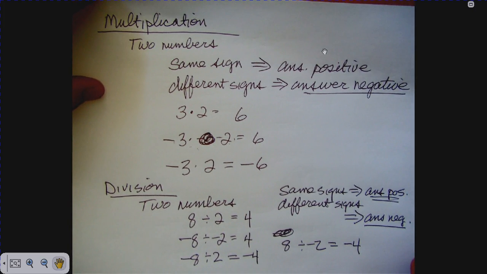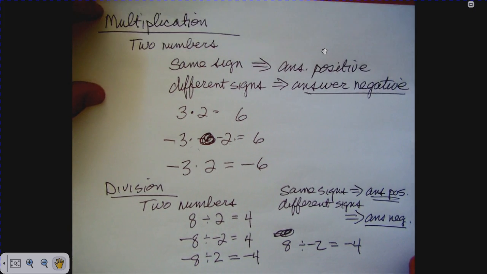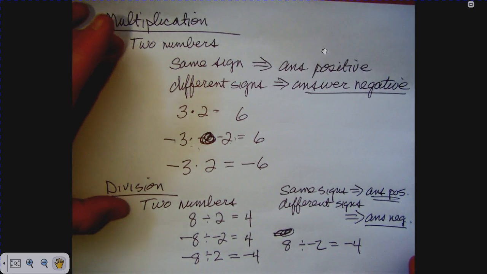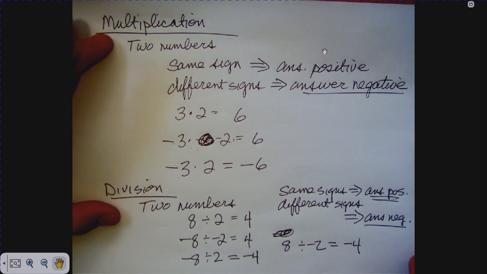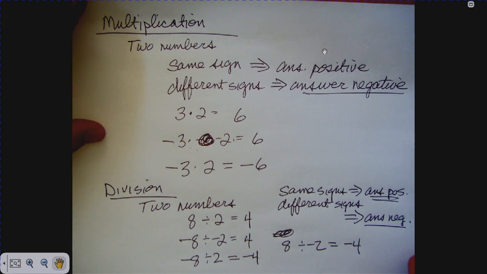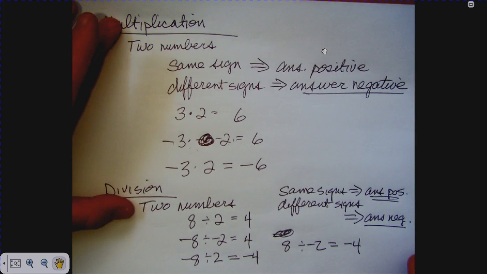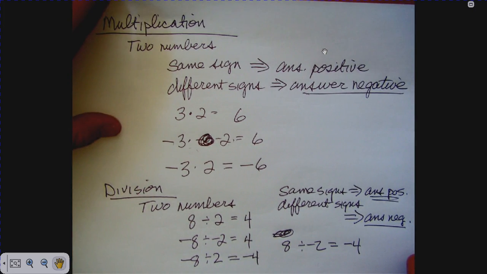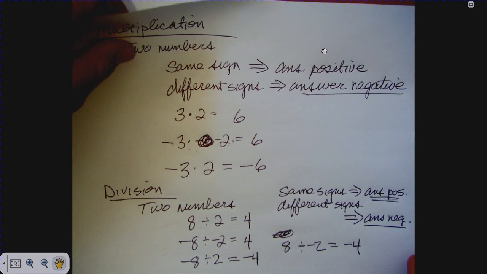Okay. Now I'm going to go with multiplication and division of more than two numbers, and we can make more of a general rule with this. But I always remember the two-number one too, because usually you have two numbers you're multiplying or dividing, and you can always do it two numbers at a time if you just want to follow the two-number rule. But let's look at this.